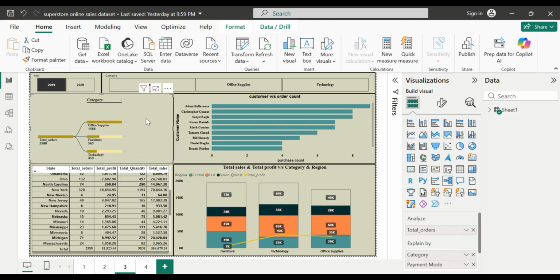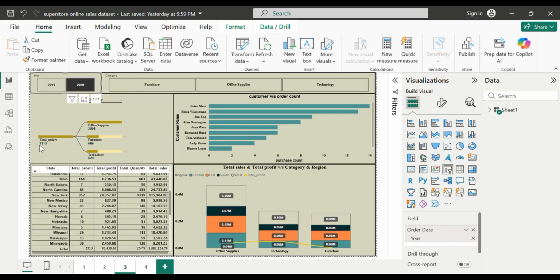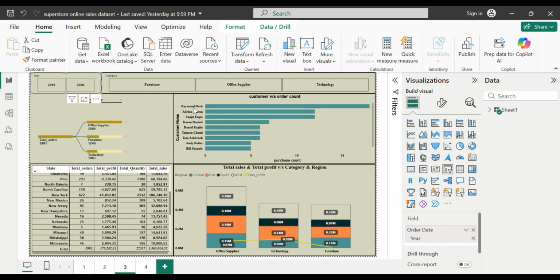The same for 2020, with the most orders, 3,313 orders came. This is the top customer, just see, clear it. The customer Raymond Bench gave a total of 18 orders and 6,976 rupees of profit. This is the top customer.